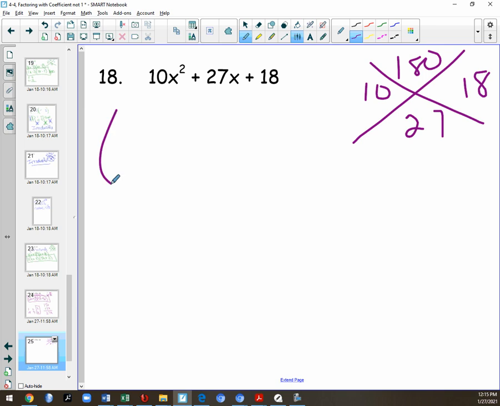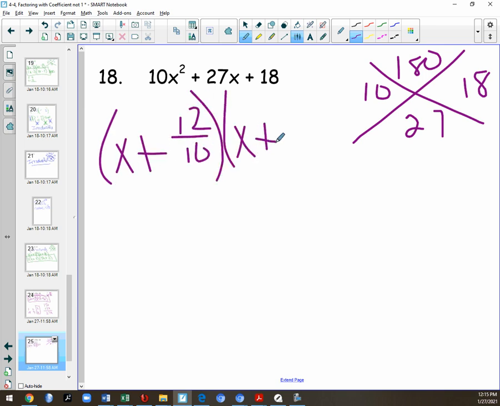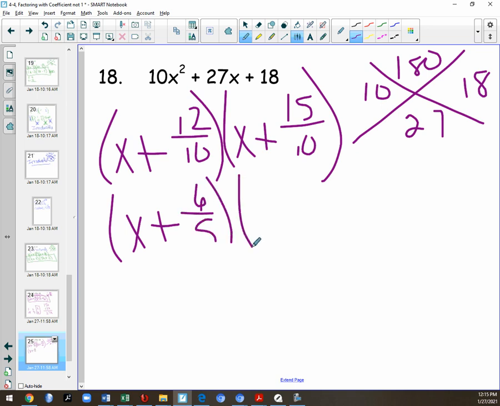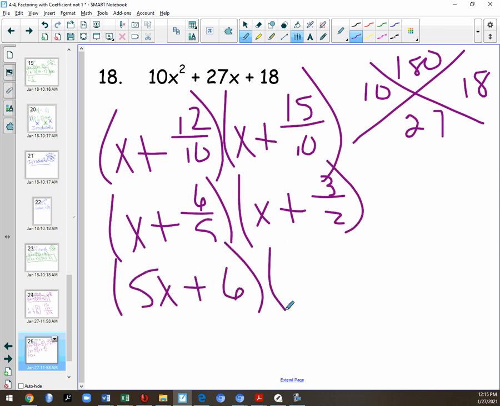So I'm going to have an x plus 12 over 10, an x plus 15 over 10, and I'm going to reduce both of those, dividing those both by 2. That is going to give you 6 over 5. Dividing these both by 5, that's going to give you 3 over 2, to give you a 5x plus 6 and a 2x plus 3.